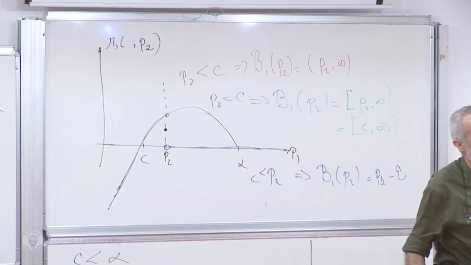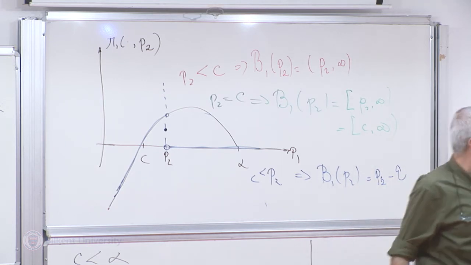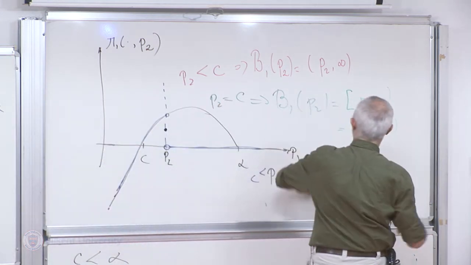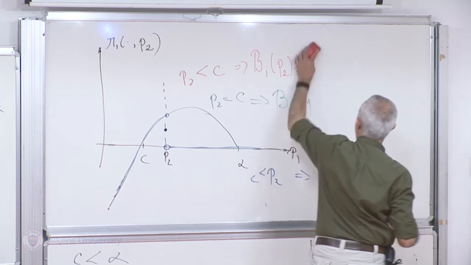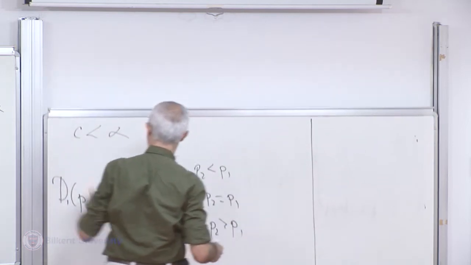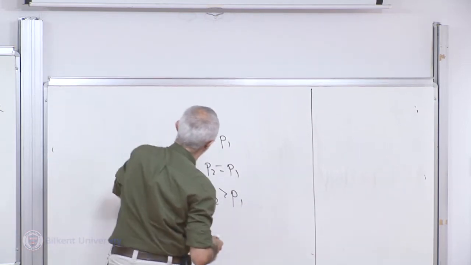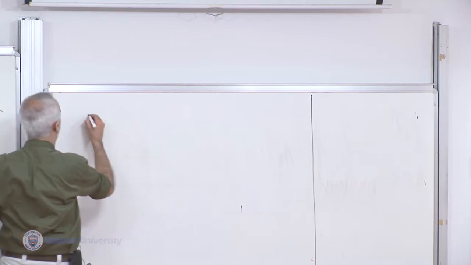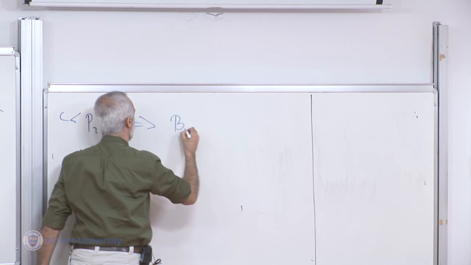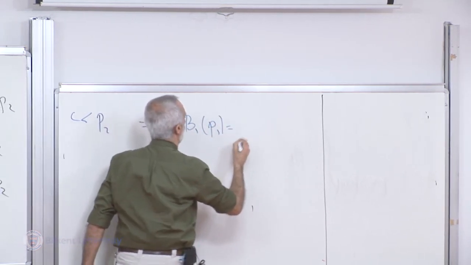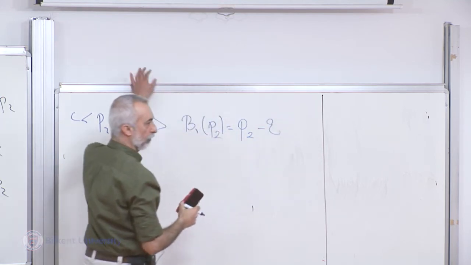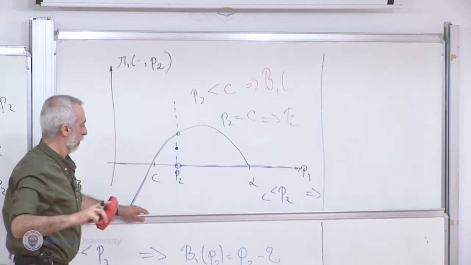So far, so good? I'll draw my line here. So when P2 is bigger than C, then the best response of player 1 is equal to P2 minus epsilon. Don't write yet.